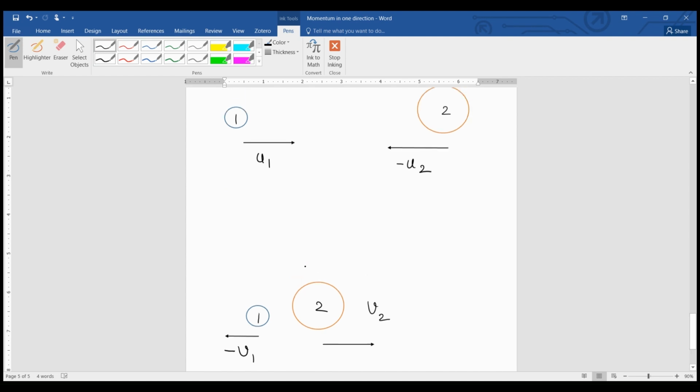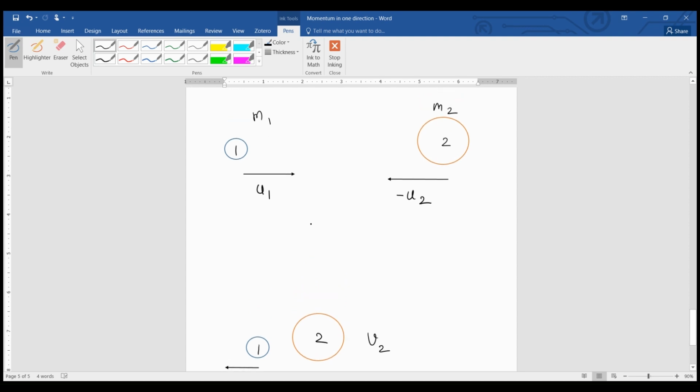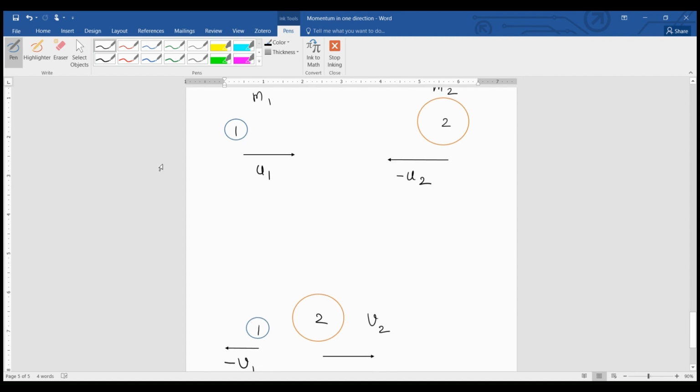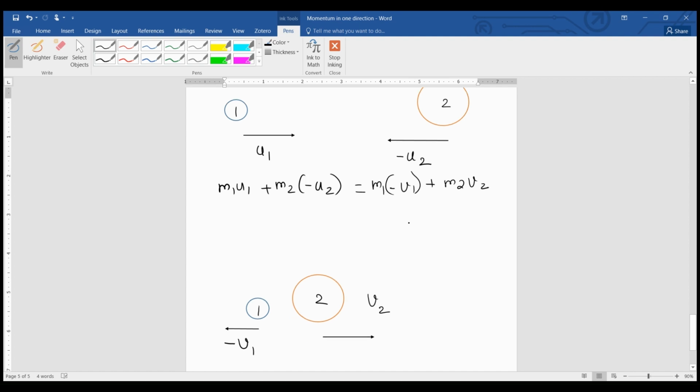Both the objects again have the masses m1 and m2. Applying the law of conservation of momentum to this situation, momentum before collision will be m1u1 plus m2 times minus u2, because object 2 is moving to the left before collision, and this should be equal to, after collision, object 1 moving to the left, so m1 times minus v1, plus m2v2, because object 2 is moving to the right after collision.